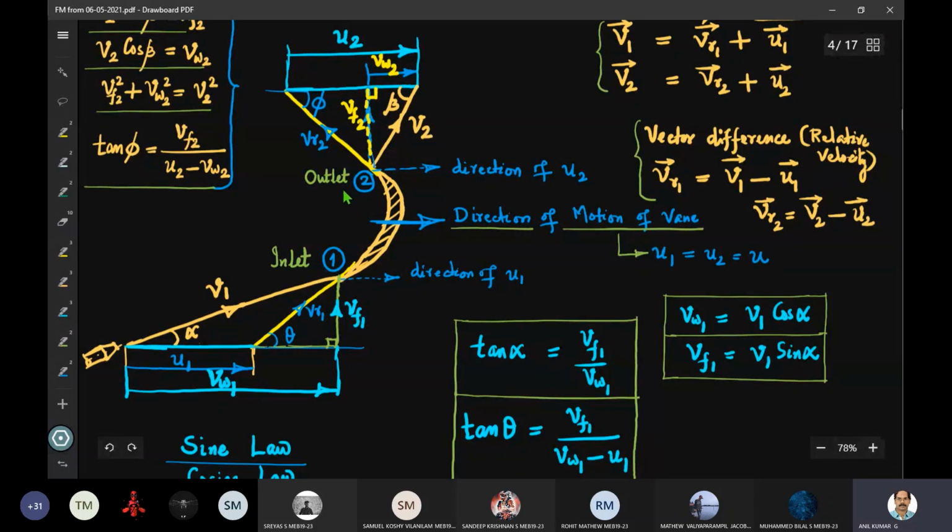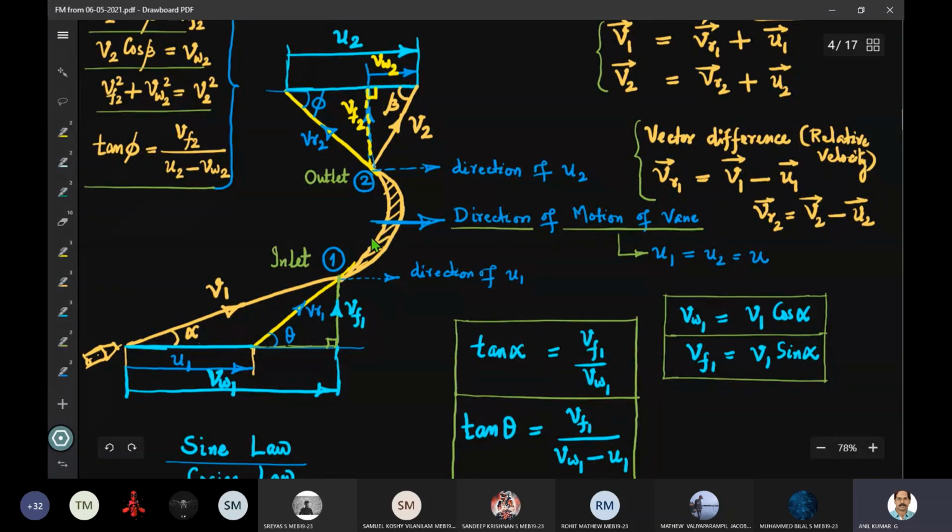Similarly, at the outlet 2, we have the relative velocity which is tangential to the blade surface at 2, that is VR2. And VR2 and VR1 will be equal for impulse machines when the blade surface friction is 0.